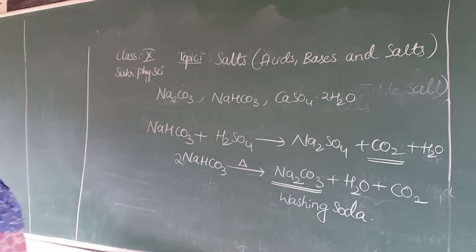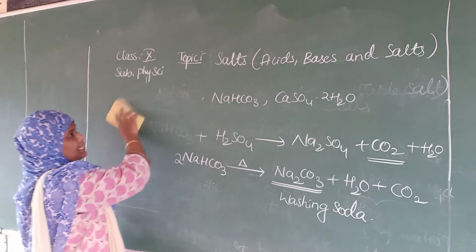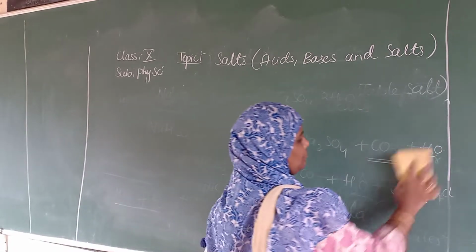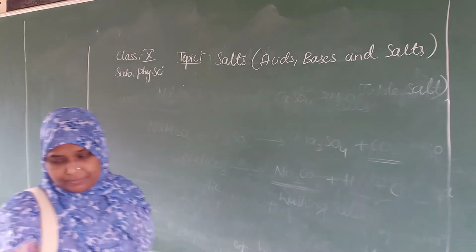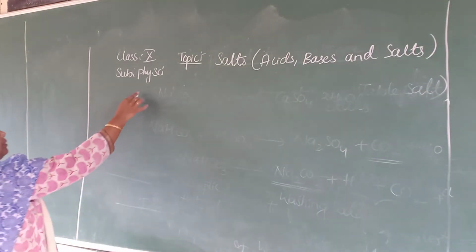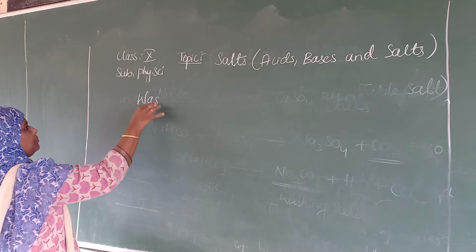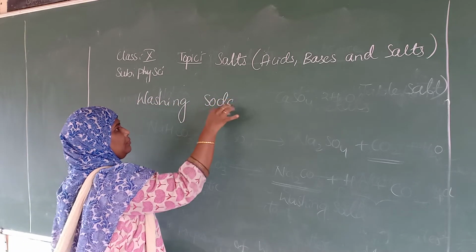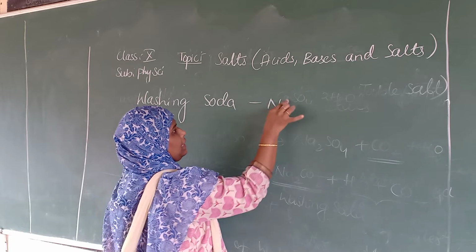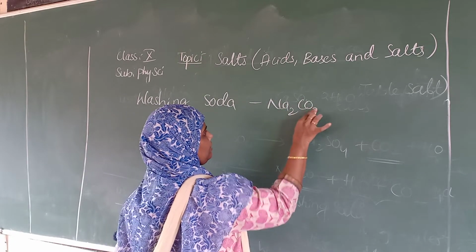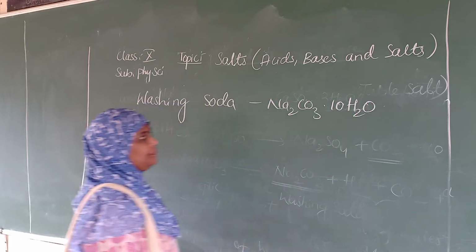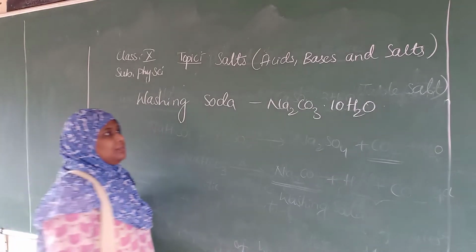Now we will be seeing what the uses of washing soda are. It is nothing but Na2CO3·10H2O.